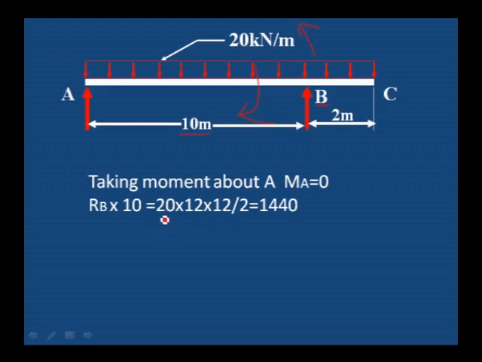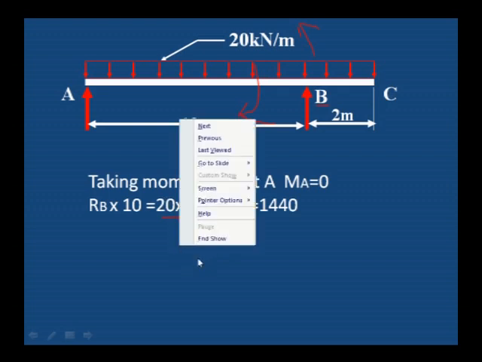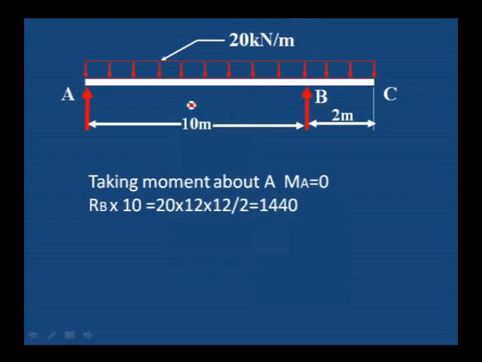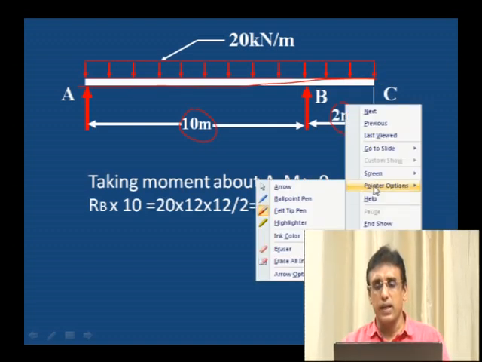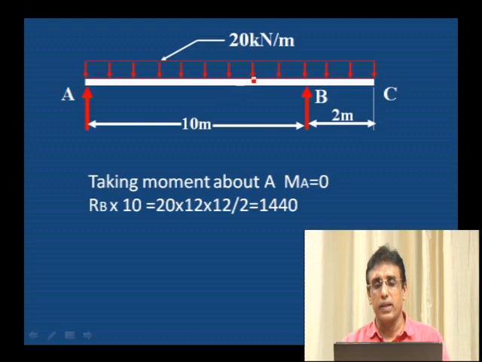That is 20 into 12, the total load. The total load is acting up to a distance of 12 meter. You should not take 10 meter. You have to add 10 plus 2, because this UDL is acting fully from A to the end. If it were acting only up to the simply supported portion, we could take 10.